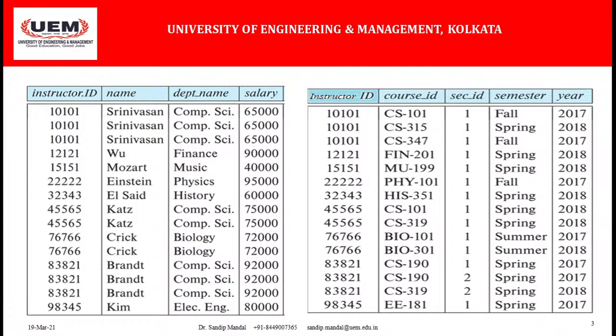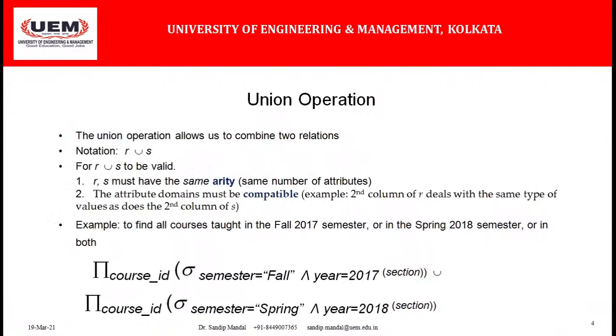All of you who are viewing, please take a snapshot of this, because if you do not take a snapshot of this table structure, it will be very problematic to understand the next tables. So please take a snapshot. Okay. On the left hand side is the instructor table, and on the right hand side is the section table. Now we are focusing on the union operation.